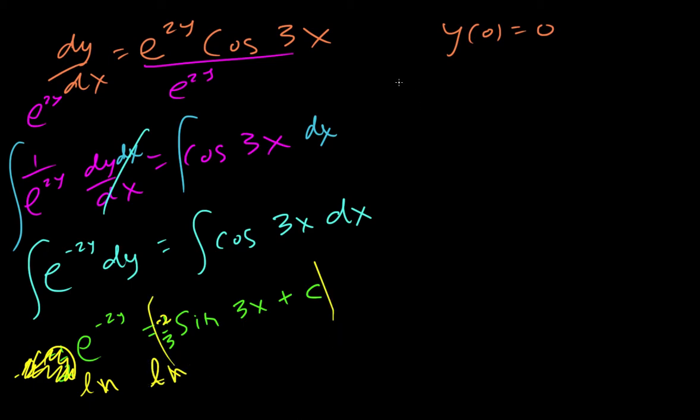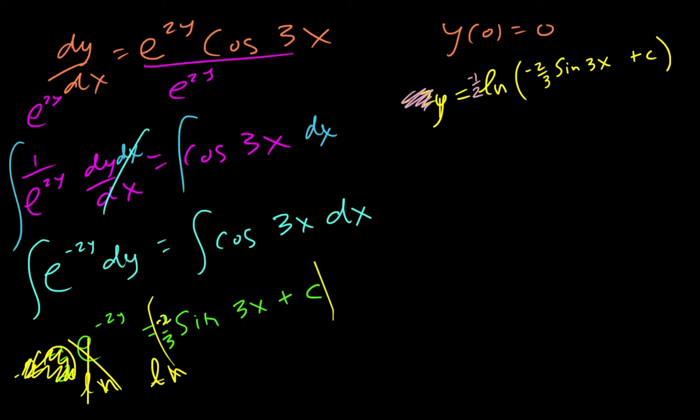So we're going to have those cancel. So negative 2y is equal to natural log negative 2/3 sine of 3x plus c. And then divide everything by negative 2, and that will just put a negative 1/2 out in front. So that's what we have.